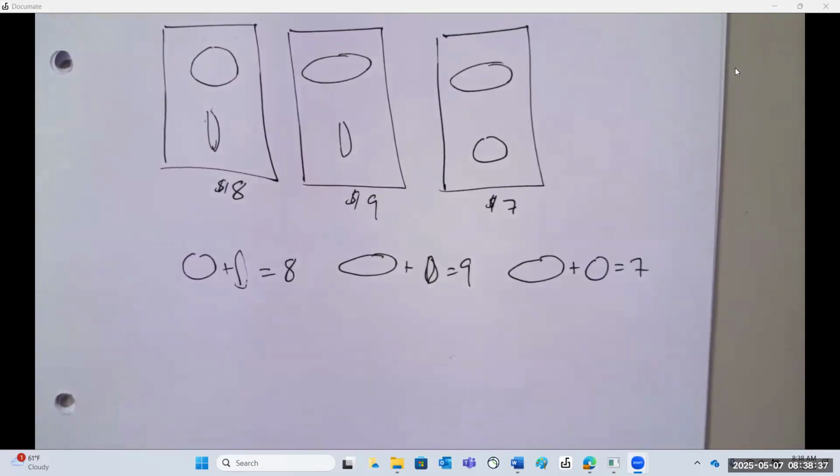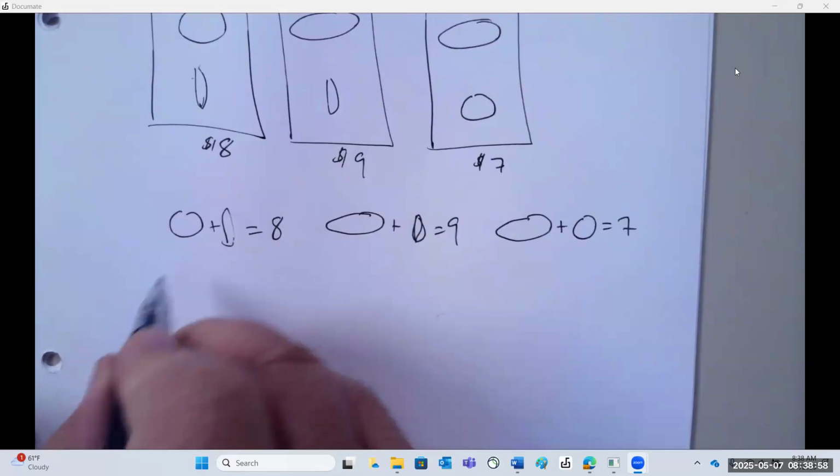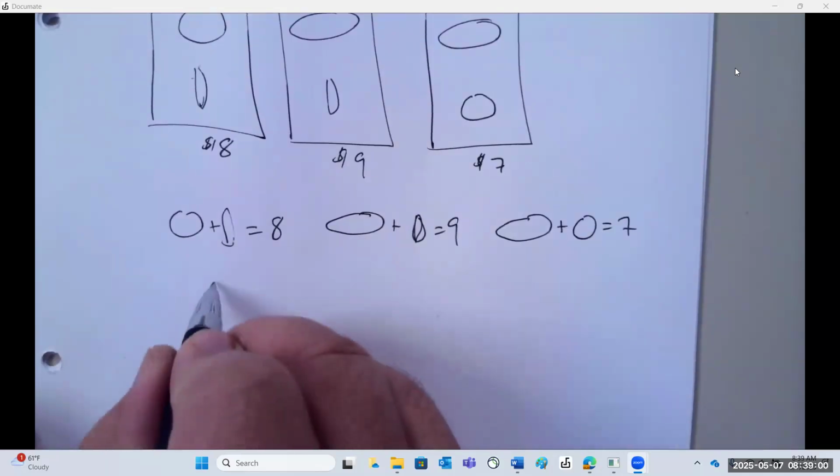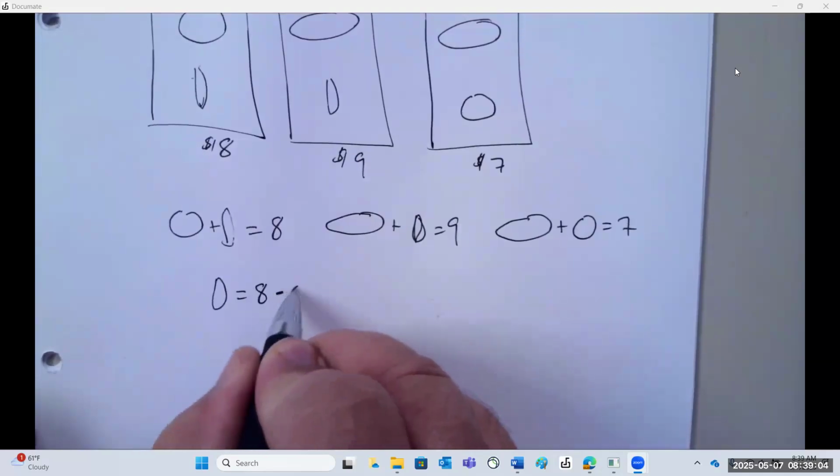So the objective is this: you can only have one unknown in an equation to solve for it. So what do we do here? Let's look at the first one. Let's solve for the flower. So that equals 8 minus the circle.